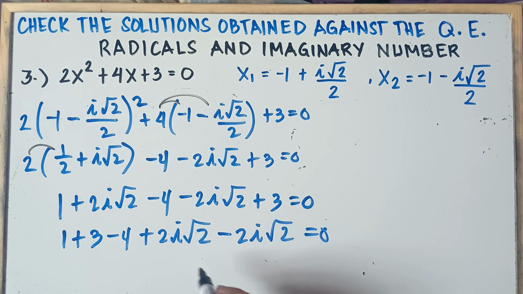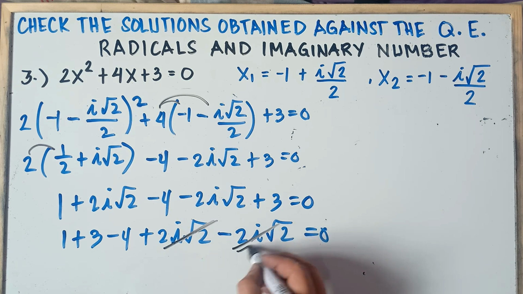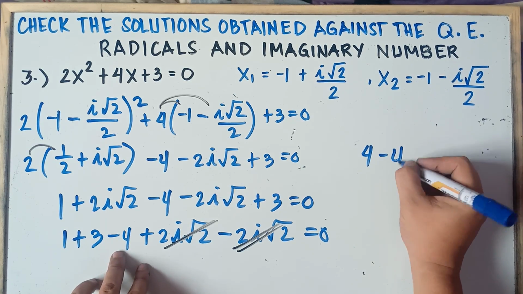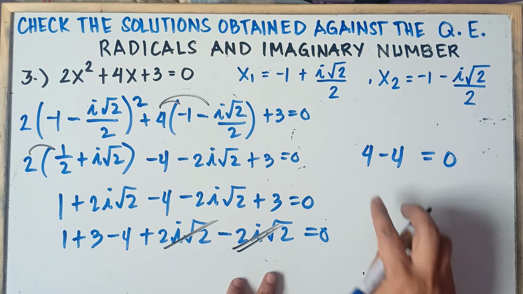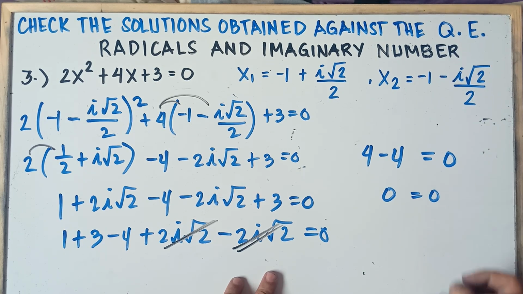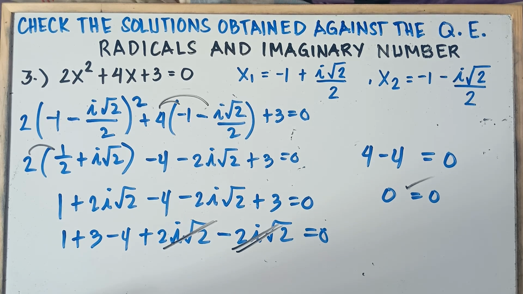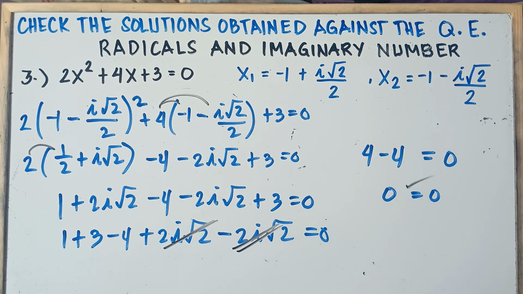So we can cancel this out because this is 0. Positive 2i square root of 2 minus 2i square root of 2, that is 0. So 1 plus 3, that is 4, minus 4 equals 0. All set, class. That's how you check, class, if the given roots contain imaginary number.